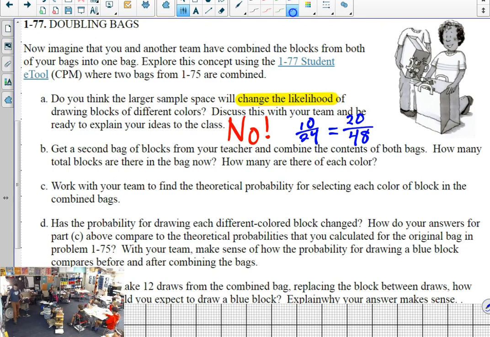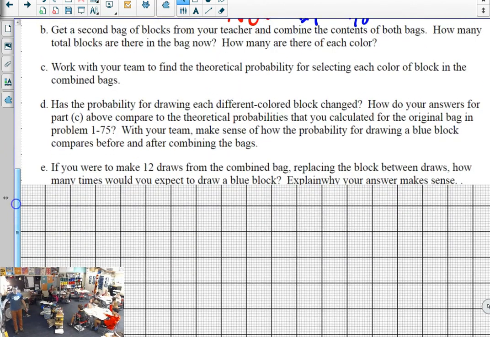12 draws. So if we all say that it doesn't change the probability, and we again make 12 draws, how many blues would we expect? Anybody?